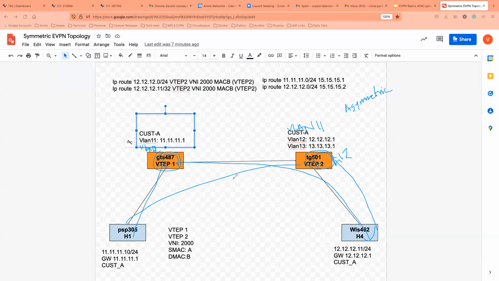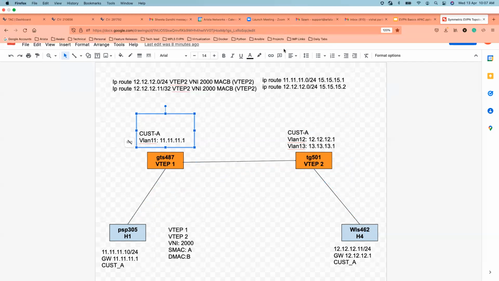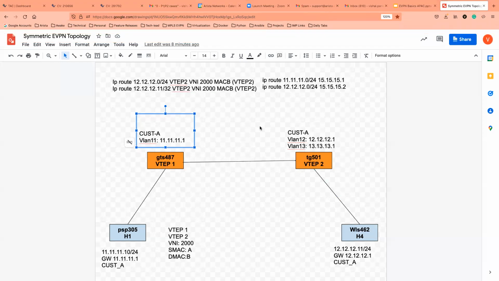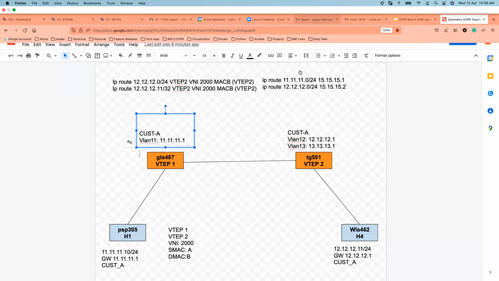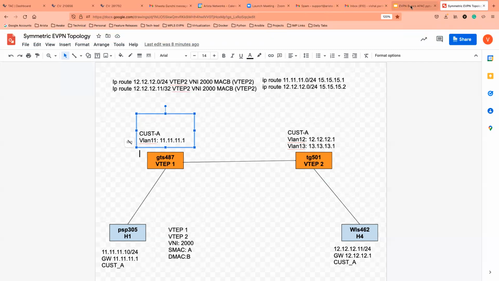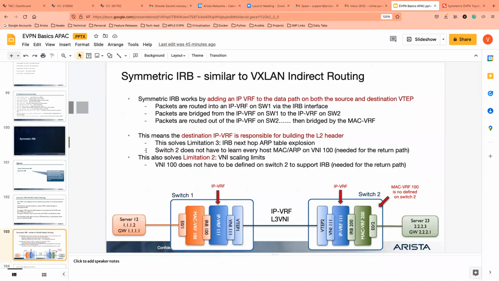But in this case, because your routing will always happen here for forward and reverse path, and same for here, that's why this is called symmetric IRB. Okay, is it clear?